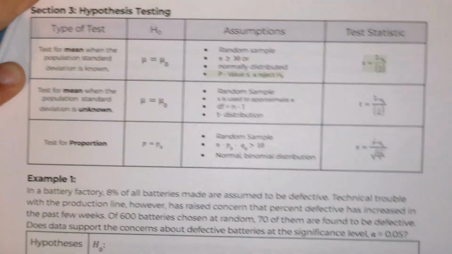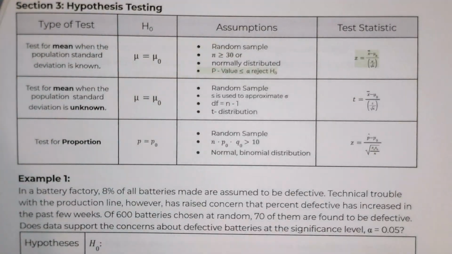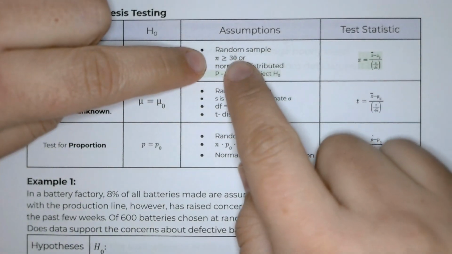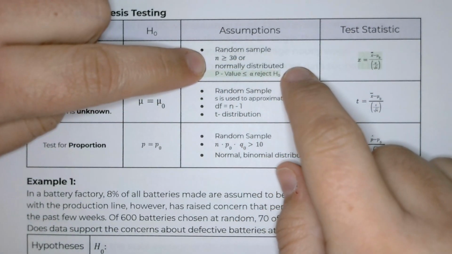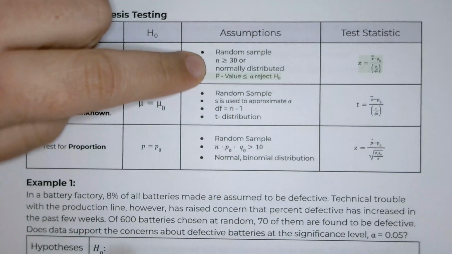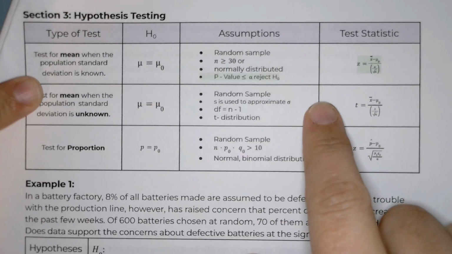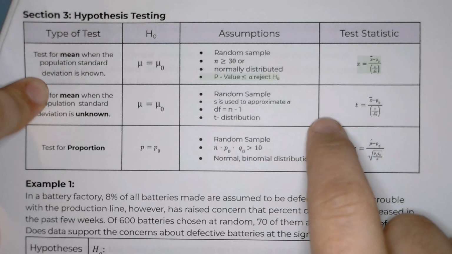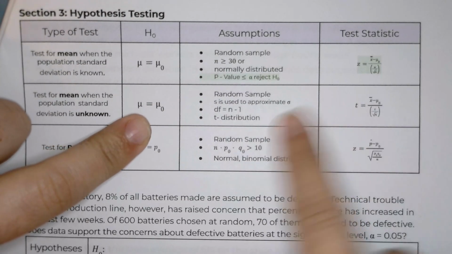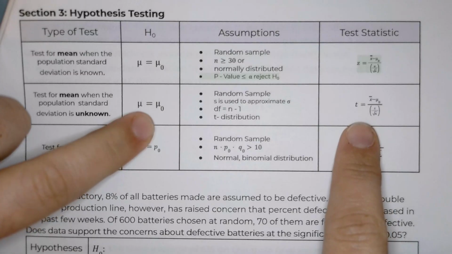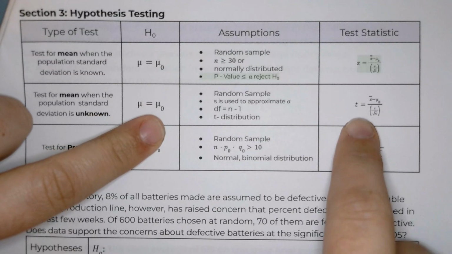Okay, you can do a test for the mean when the standard deviation is known, and we're going to use the normal distribution for that. We want our sample size to be greater than 30. I'll talk to you about that in a second. If you don't know the standard deviation of the population, we'll stick with the t-distribution like we learned in the last section.